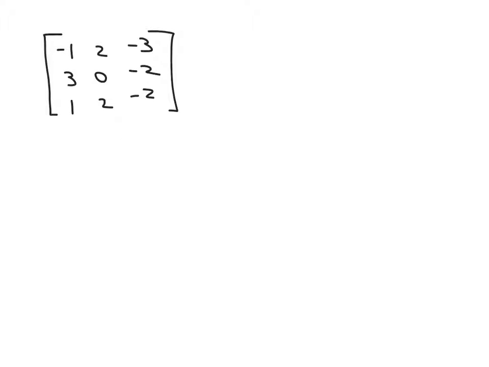So we're going to take this matrix and turn it into a determinant, and then we're going to solve the determinant. We're going to rewrite this as several 2 by 2 determinants, or minors, and then solve from there.